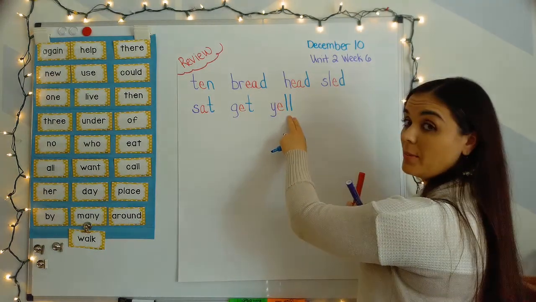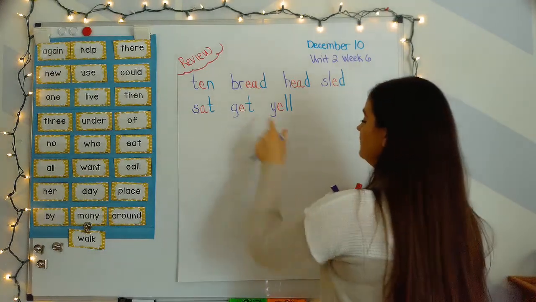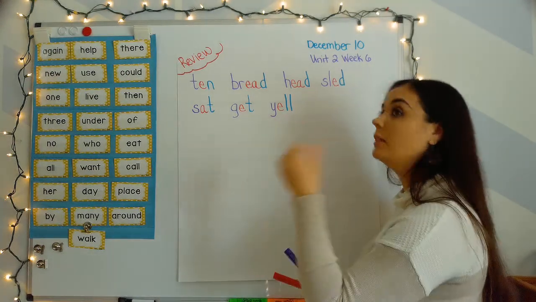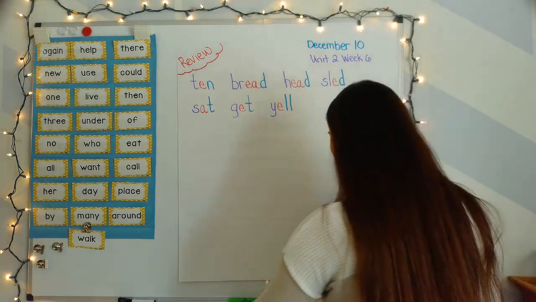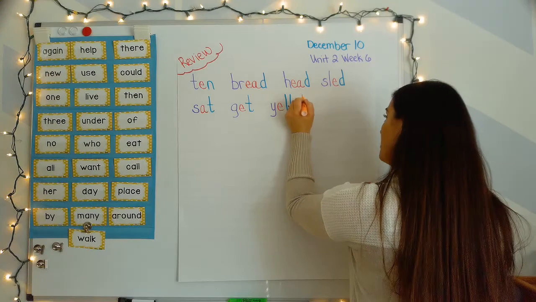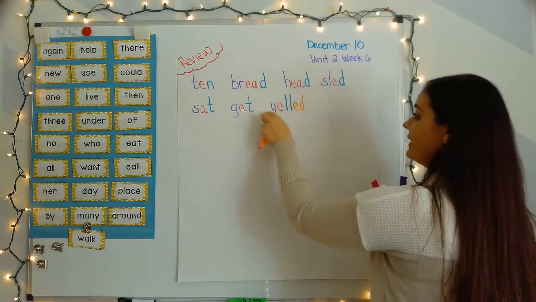Two L's, we just double up on that l. Ya, eh, yell. So if we want to talk about how we yelled in the past, like it already happened, then we have to add an ed. So you'd still blend it the same, just as we did before we wrote the word. Yelled.